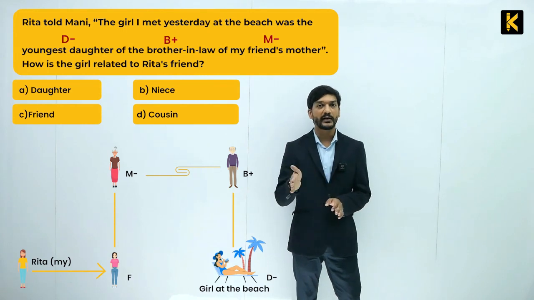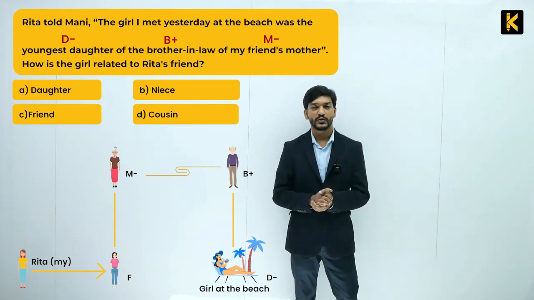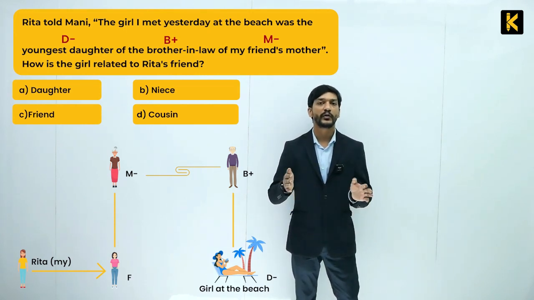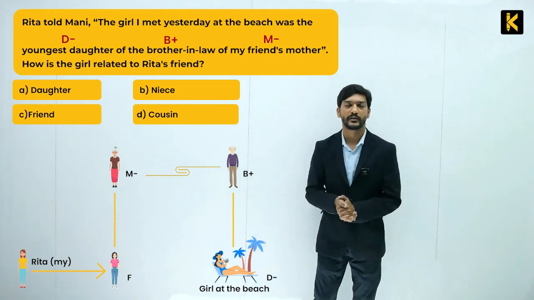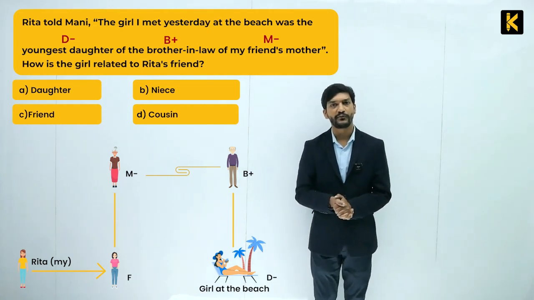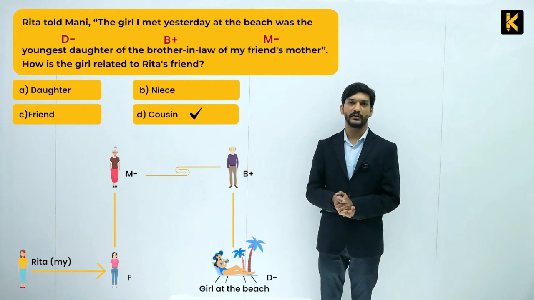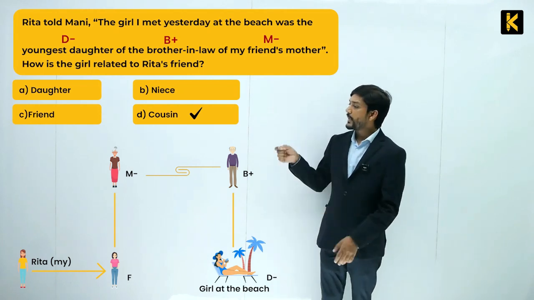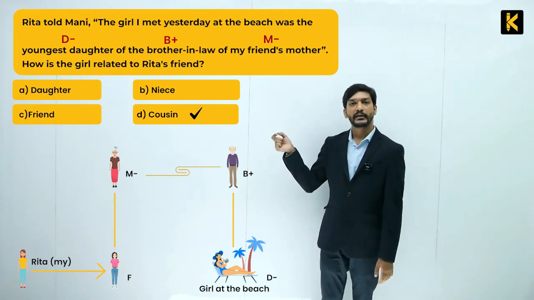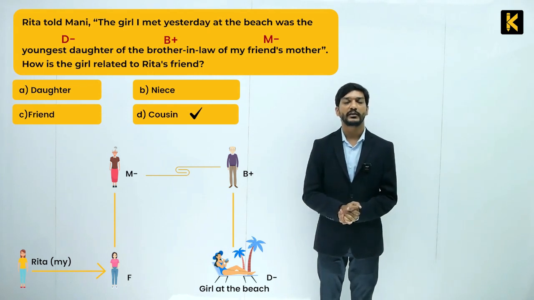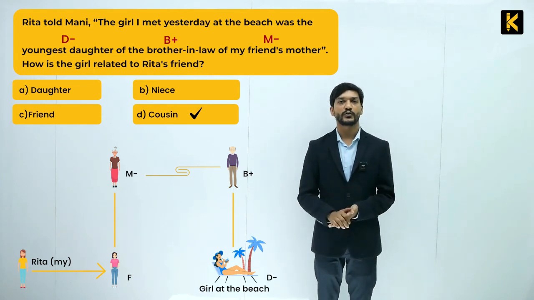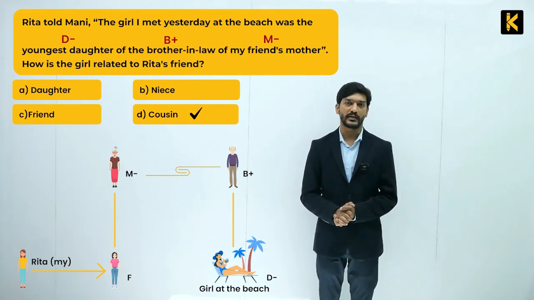Obviously they will not be real brother and real sister. So their kids will be cousins or not? So definitely it is a cousin relation. So that means F and D minus are what? They are cousins. So the option cousin is correct.